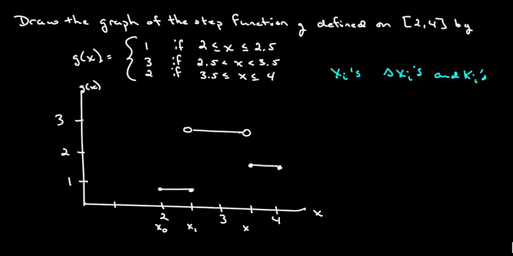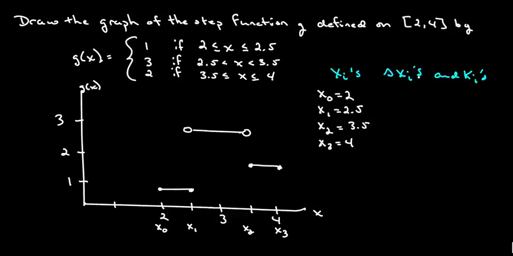This guy is x2, and this guy is x3. So our xi's, well, x0 is equal to 2. x1 is equal to 2.5. x2 is equal to 3.5 right here. And x3, which we got up here, is equal to 4.